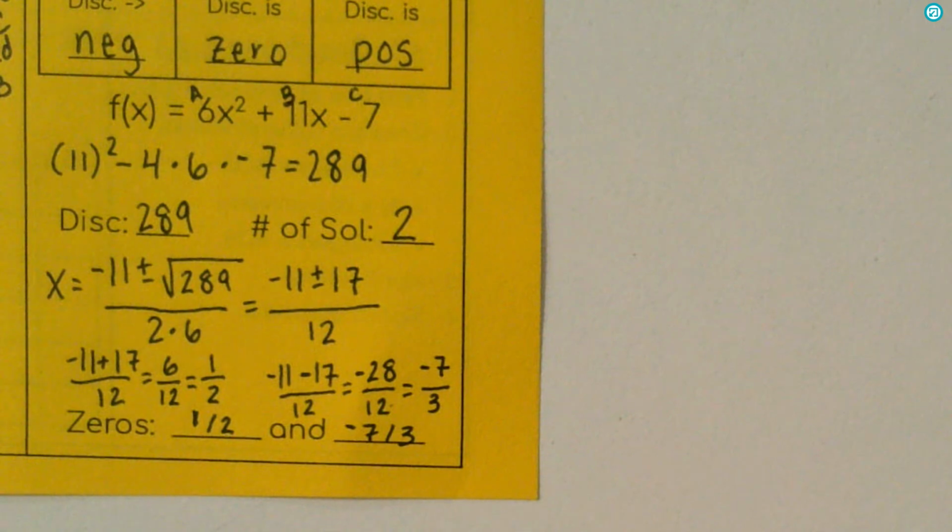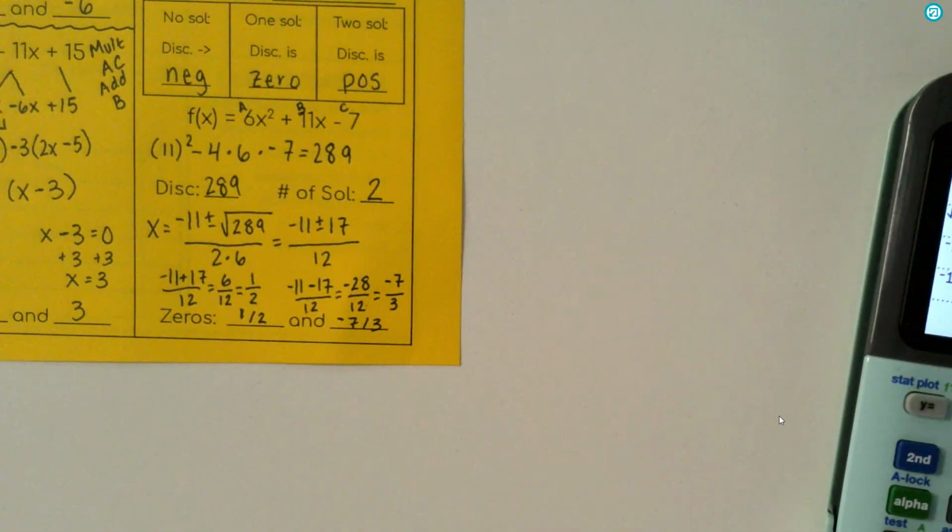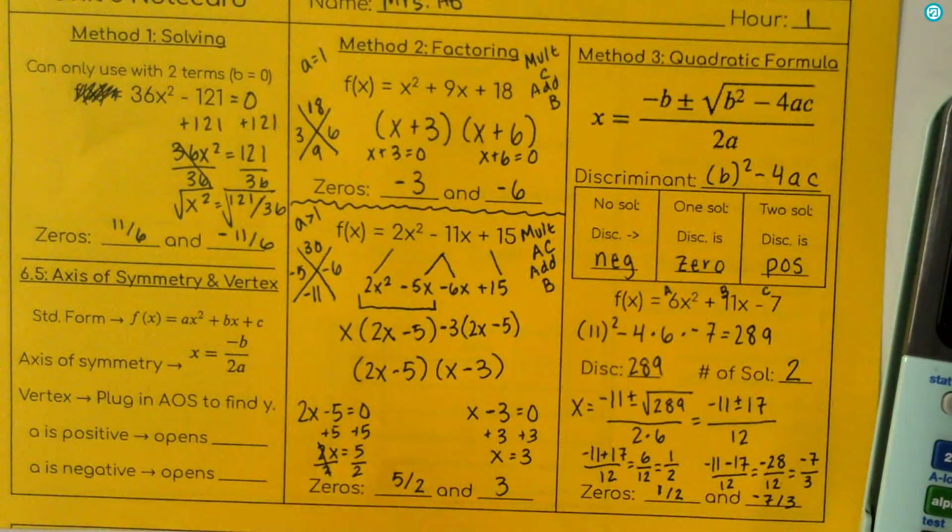Right. Any questions about the methods of finding zeros? Okay. Technically, you can get by on the test if you know the quadratic formula, because you could always use the quadratic formula. I'm like 98% sure there is nowhere on the test that we require you to factor or require you to solve.